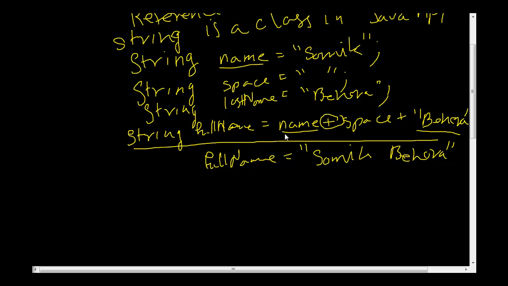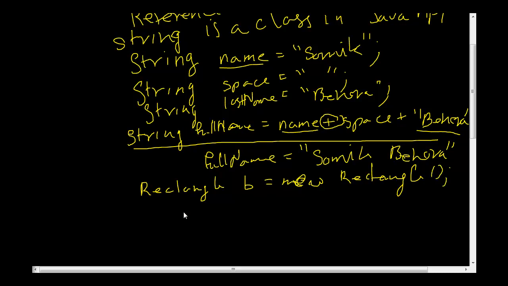So say I have string name and Rectangle b equals new Rectangle. If I do String full name equals name plus b, what do you think will happen here?